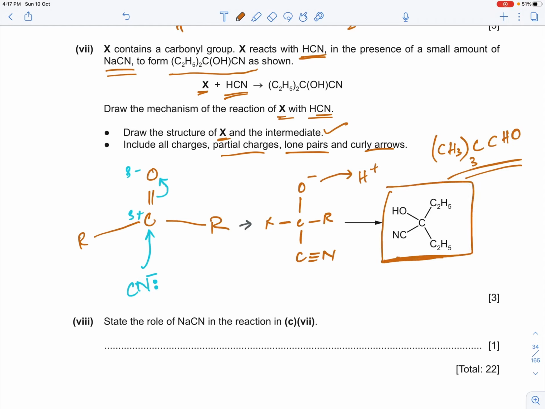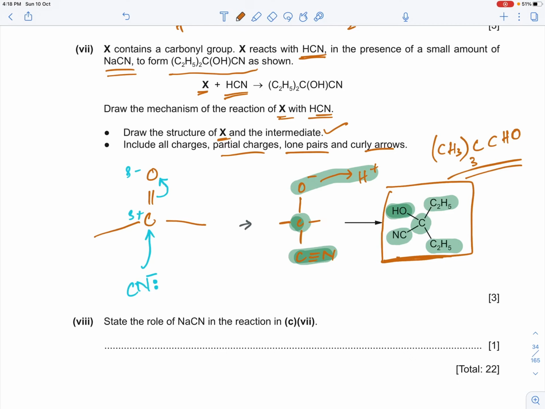Now if you look at this structure, this is the same carbon. It has an OH group and it has a cyanide group. And you can see that it has 2 alkyl chains, and both the alkyl chains are of 2 carbon atoms. So instead of these R, what we just have to draw here is C2H5. So we have found the structure of X.